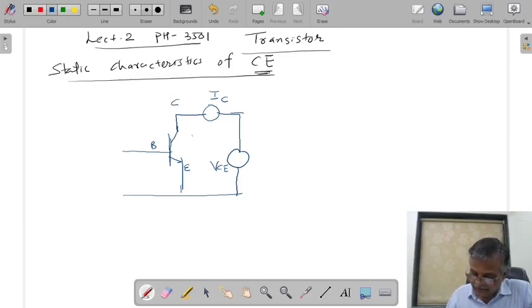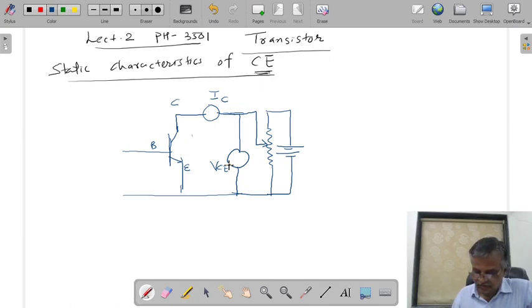And here I am showing you the potentiometric circuit arrangement. Here this is a potentiometer. If you want to vary this voltage, then with the help of this potentiometer you can vary it. Here I will connect the input current meter, input current and voltage meters. See here, in the collector one current meter, one voltmeter.